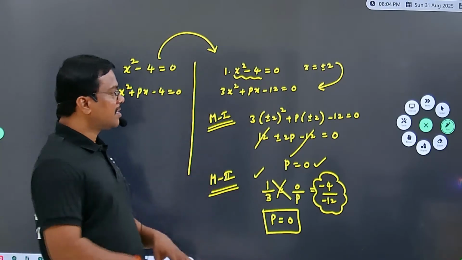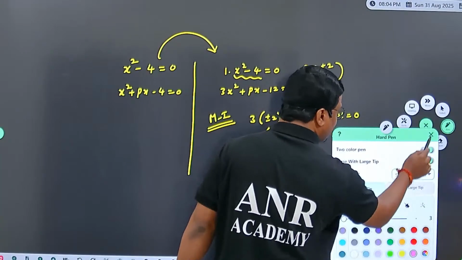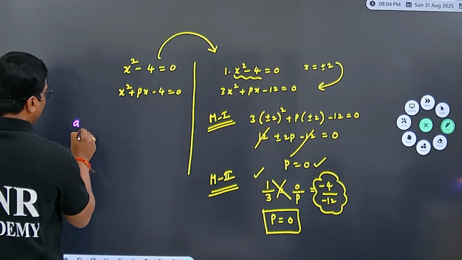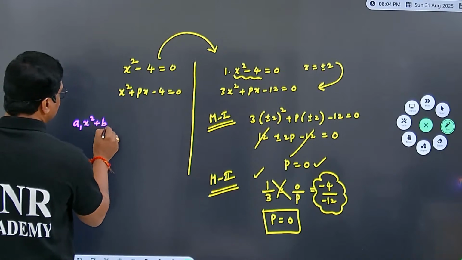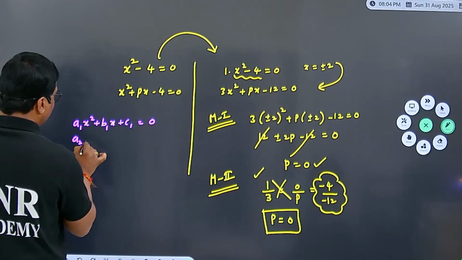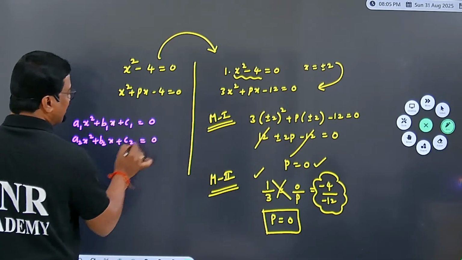Just follow this result when both the roots are common. Suppose the first equation is a1x square plus b1x plus c1 equal to 0, and the other equation is a2x square plus b2x plus c2 equal to 0.